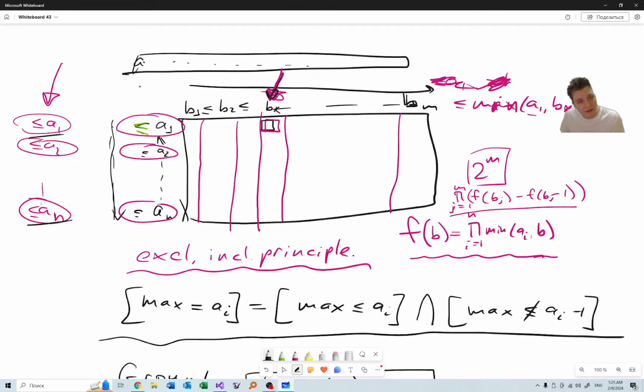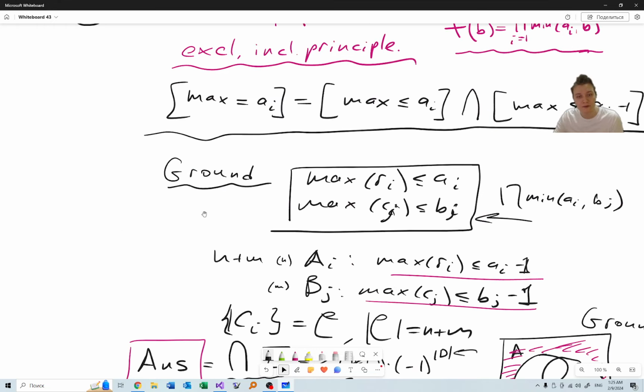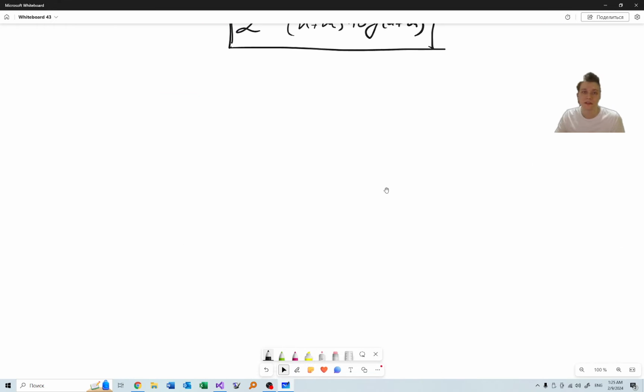However, we don't fix them in the end. In the end, we need to iterate over all possible combinations, 2 to the power n. Which is sad, but let's think. Let's continue thinking.